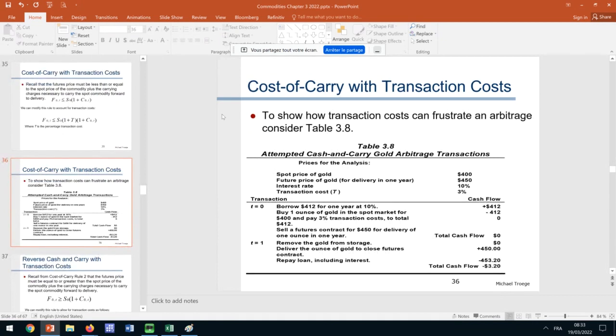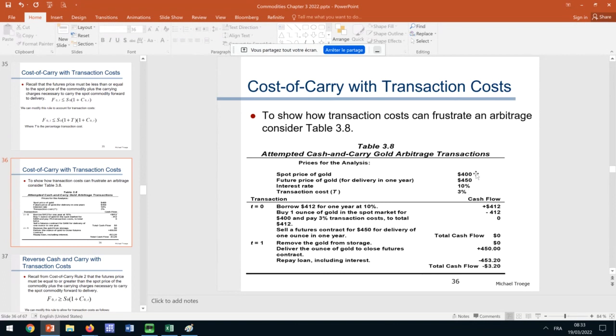Again, our old gold example. Let's go over it because I think it's quite illustrative. Here we have transaction costs of 3%, and we have a situation where previously cash and carry was profitable because the spot and the future price were more apart than the interest rate.